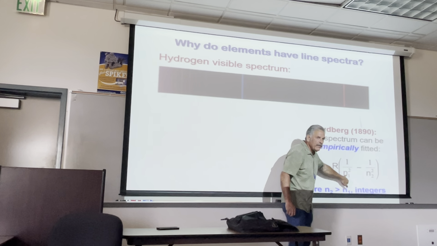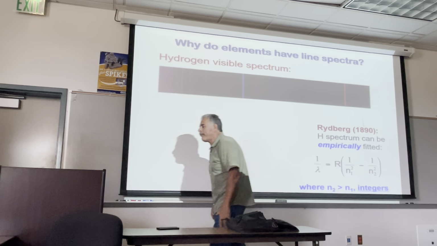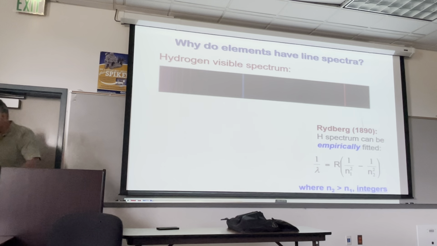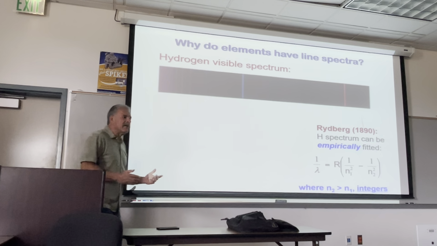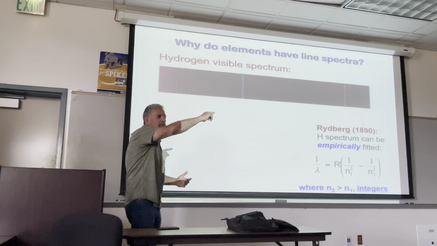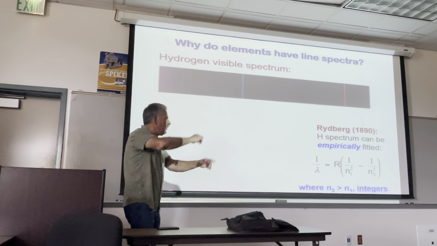Where N2 is greater than N1, N2 would be the highest point where it drops back down in the emission spectrum.